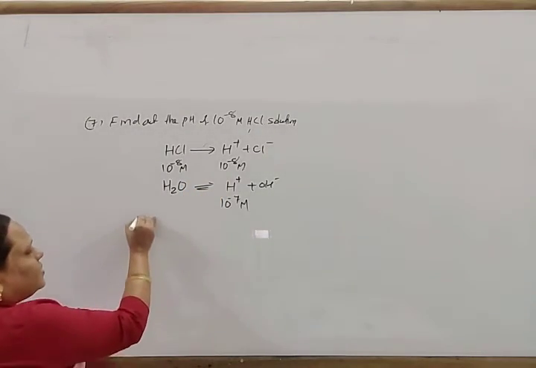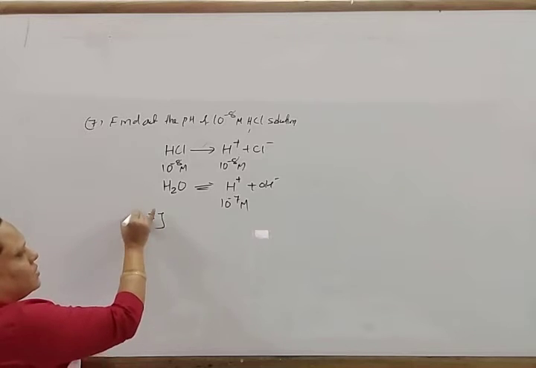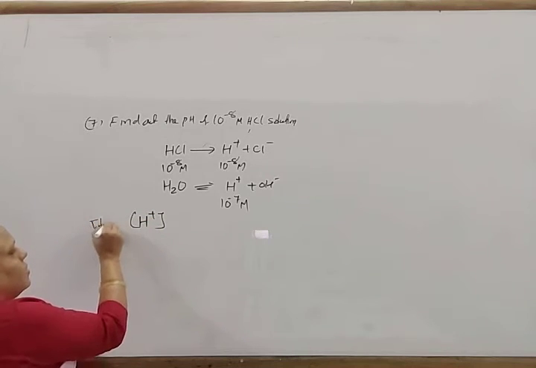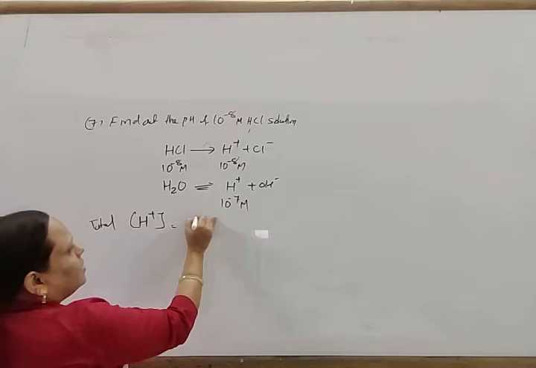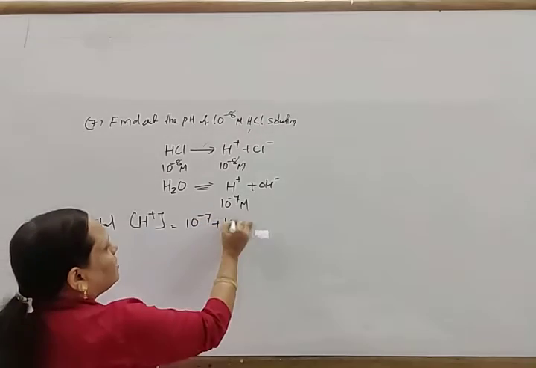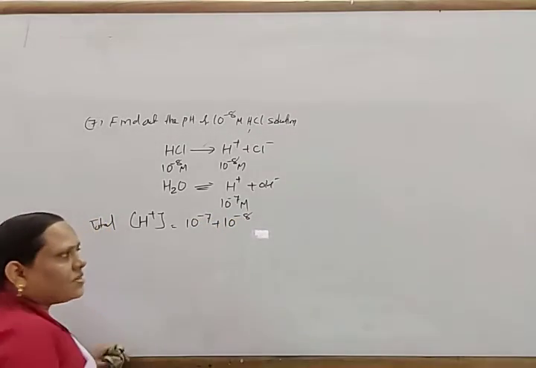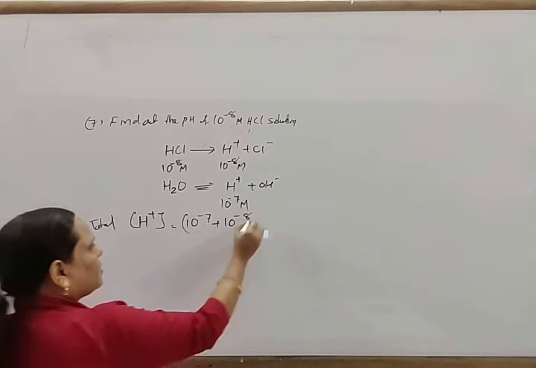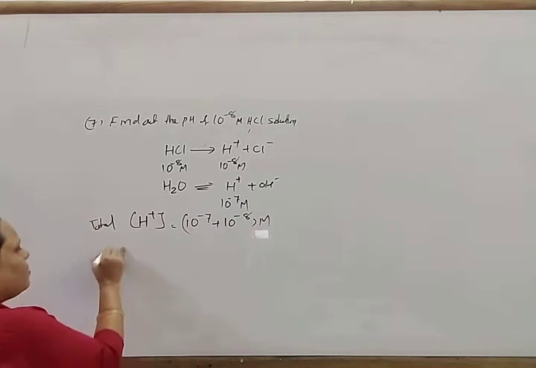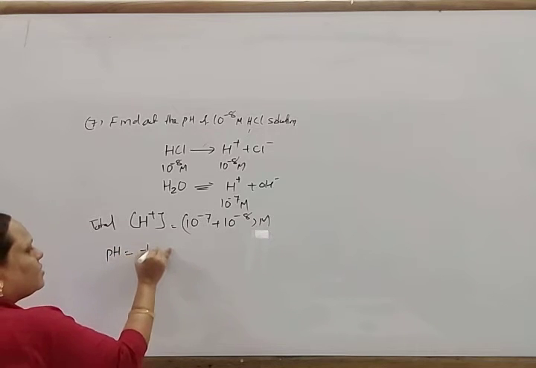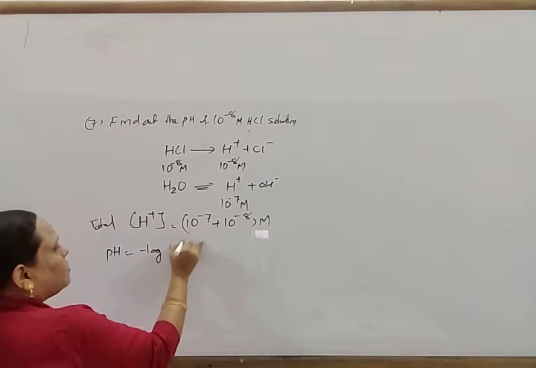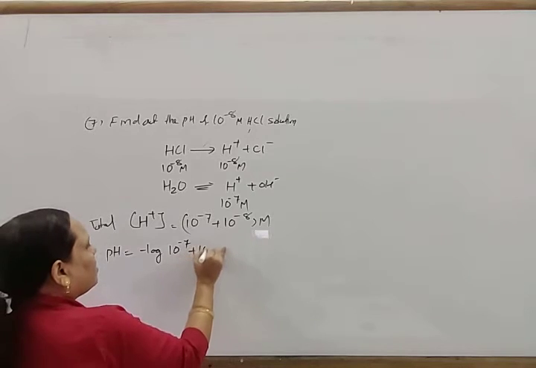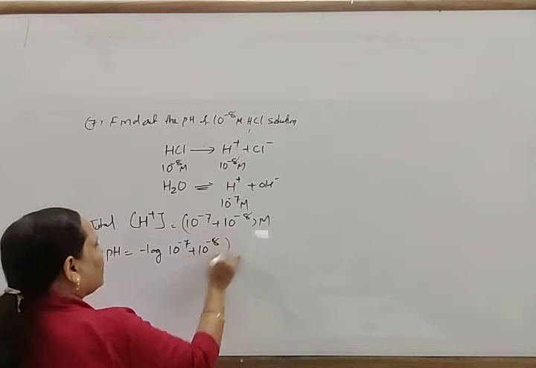In this way, the total H plus concentration is 10 to the power minus 7 plus 10 to the power minus 8. This is the total concentration of H plus. Okay. Now, pH is minus log of 10 to the power minus 7 plus 10 to the power minus 8.